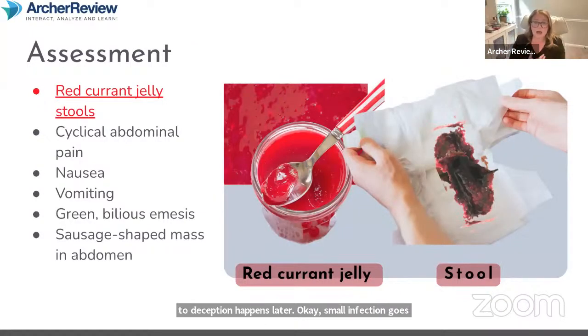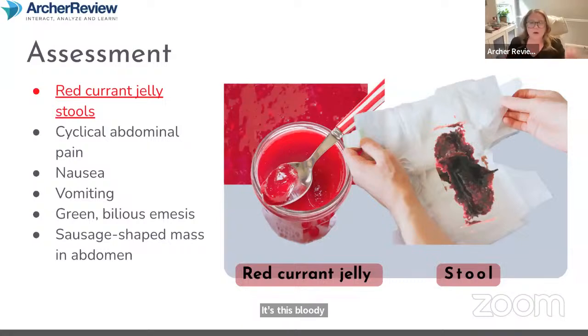Okay, small intestine goes inside of the big intestine. They're stuck together. The key signs and symptoms are that when mom goes to change the diaper, she says, oh my gosh, their poop is like red jelly. It's this bloody, sticky goo. Red currant jelly is the description that they came up with for what this stool looks like.